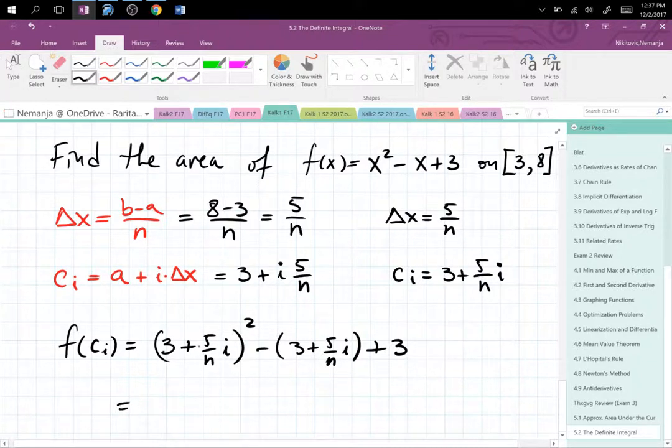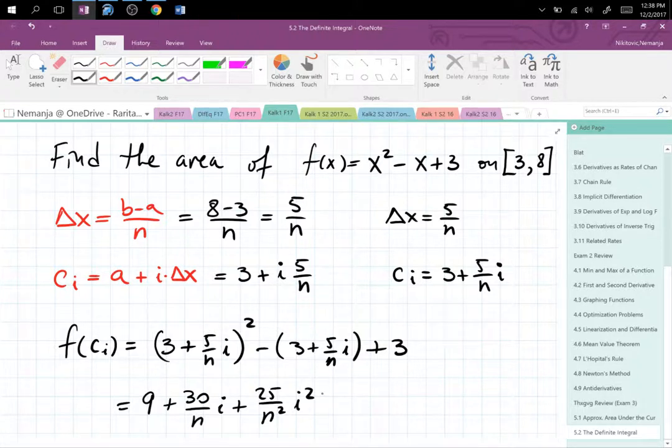So square the first one. That's going to be 9 plus 30i over n plus 25i squared over n squared. So that's all of that is squaring the first one. Then we have minus (3 plus 5i over n), and then plus 3.